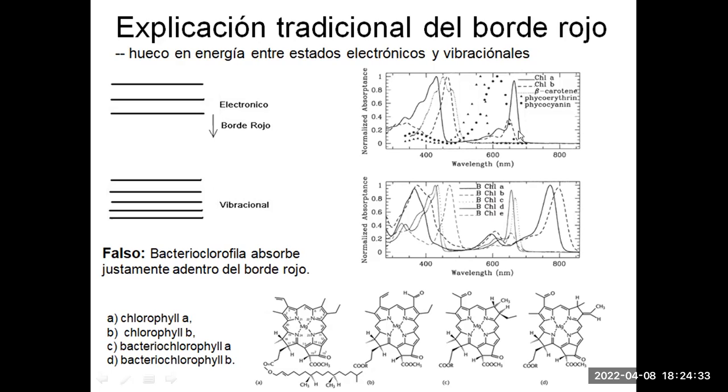Why aren't the plants also absorbing beyond 700 nanometers? Okay, so these are the different chlorophylls. And just by changing some of the molecules on the tail here, we can change the absorption spectrum to get absorption where the biologists are saying there are no electronic excited states, so there are no states which correspond to the absorption, and that's why there's this gap here beyond 700 nanometers.